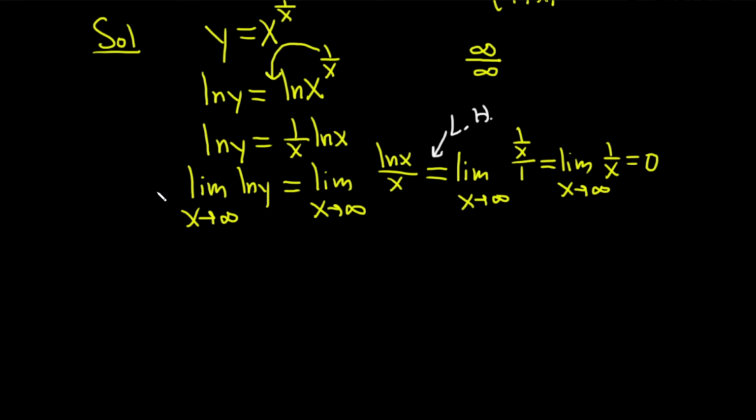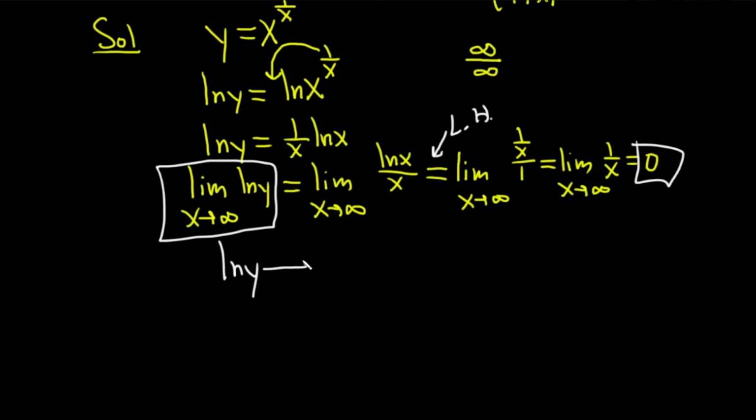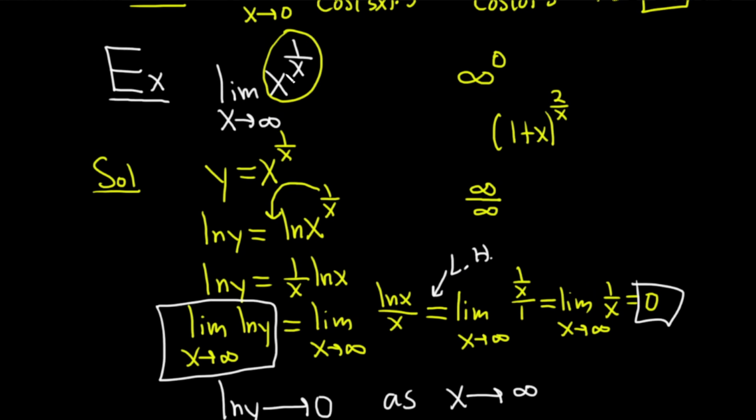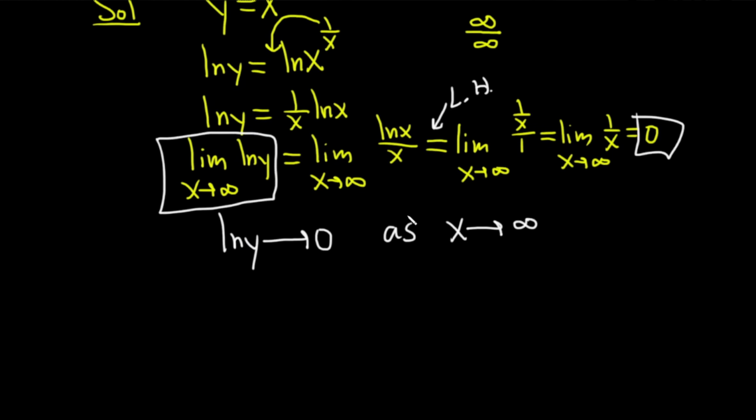So what did we do? We showed that the limit of ln y as x approaches infinity is equal to 0. So written another way, we showed that the natural log of y approaches 0 as x approaches infinity. But we're concerned with what happens to y, right? Remember, we called our function y at the beginning. Our original function is y equals x to the 1 over x.